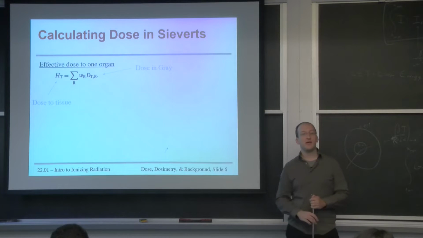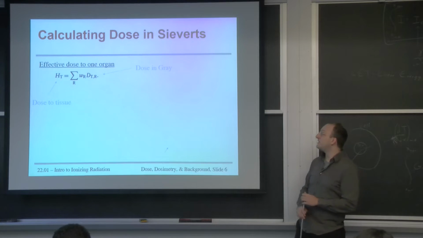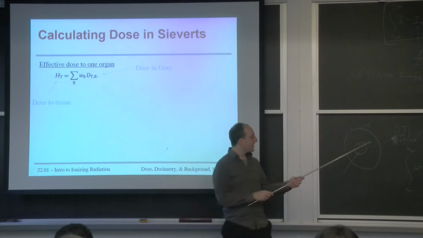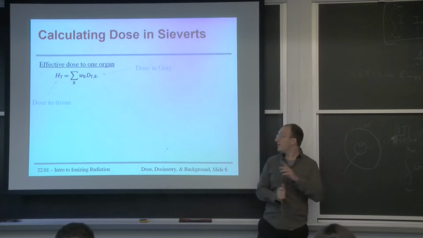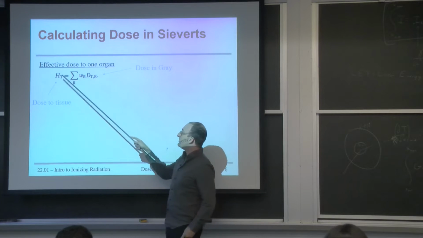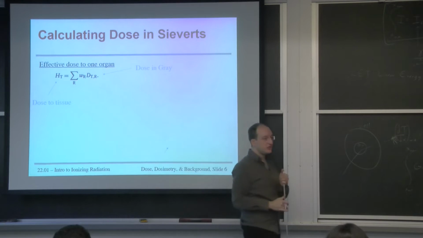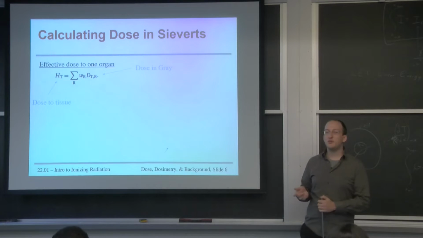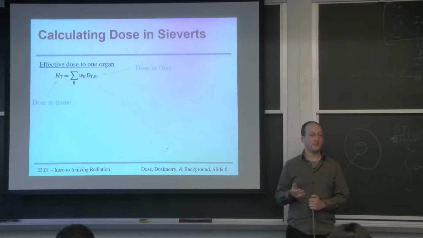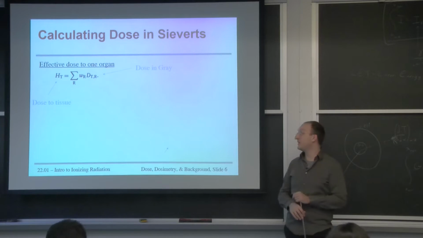So now how do you do a calculation of dose in sieverts? First, you can take the dose in gray, like we have over here, multiply by these radiation weighting factors, and you get a total amount of dose to that tissue, where that tissue may be a certain organ, a part of your muscle, whole body, if it was a broad blast of radiation from a bomb far away, or something like that.